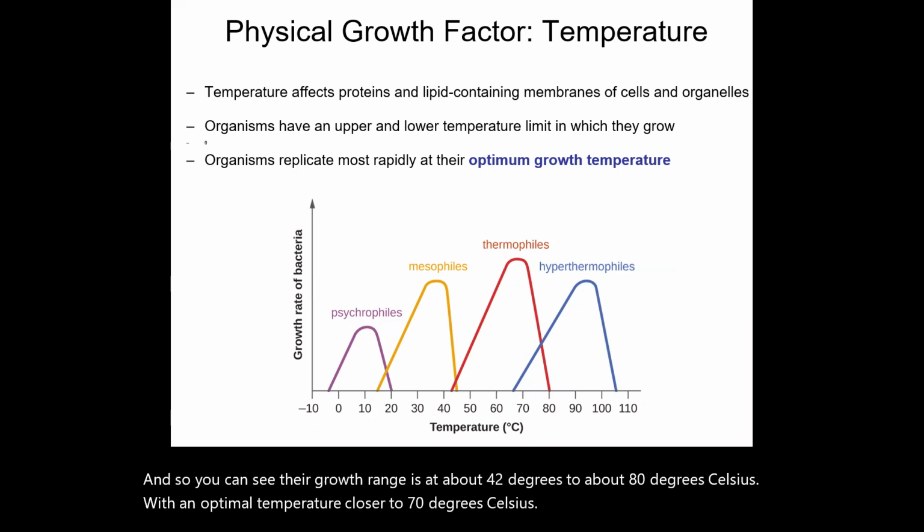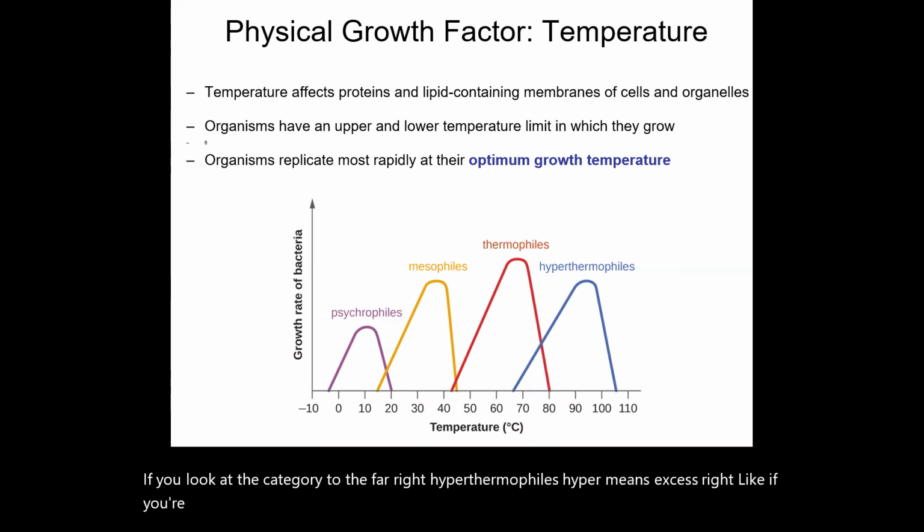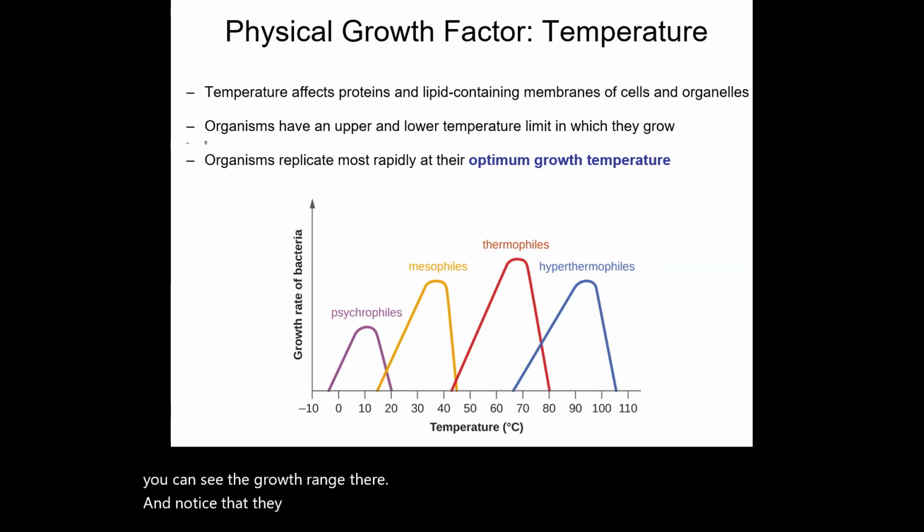If you look at the category to the far right, hyperthermophiles, hyper means excess, right? Like if you're hyper, you have a lot or excess energy. So a hyperthermophile needs extreme heat. Okay, so you can see the growth range there. And notice that they have the highest growth rate near 100 degrees Celsius.